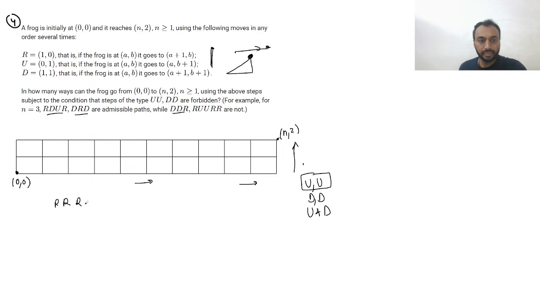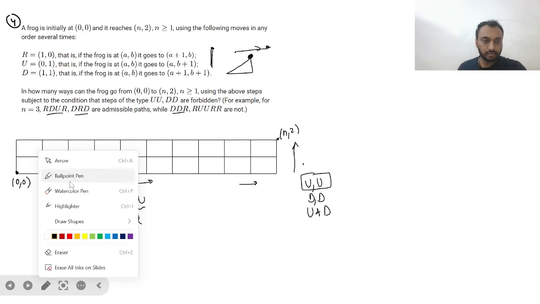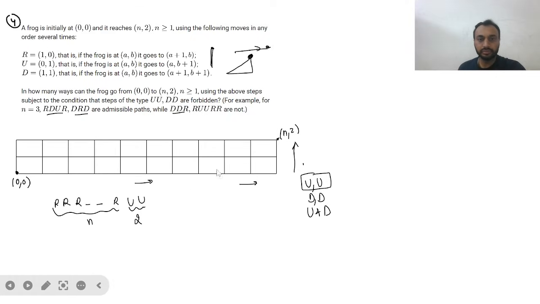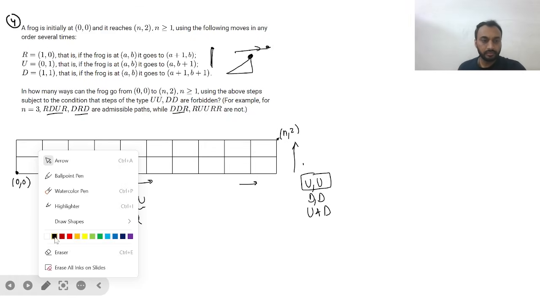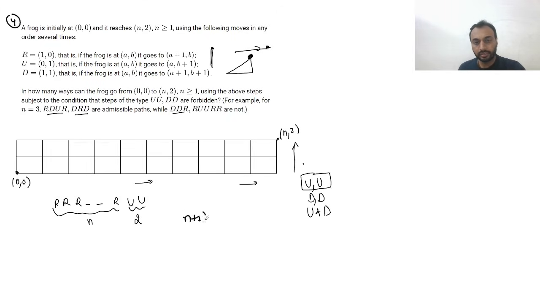So our path is a combination of n R's and 2 U's. The arrangements of them give us the different ways to reach from 0 comma 0 to n comma 2. So the number of ways is n plus 2 factorial by n factorial and 2 factorial.